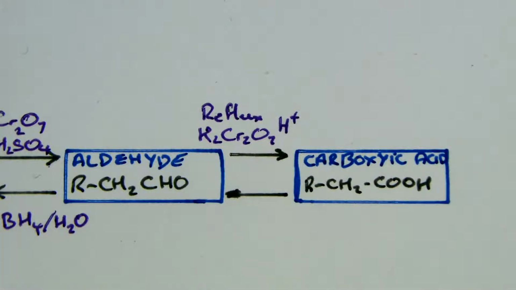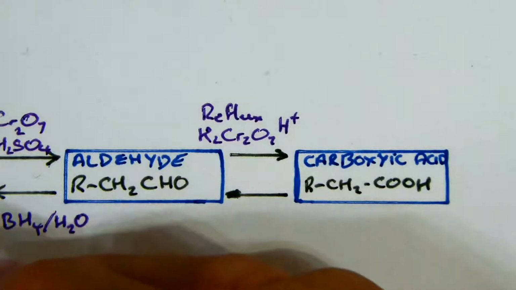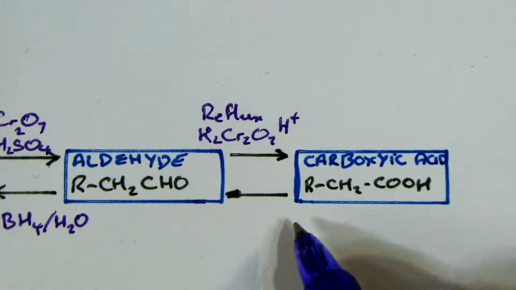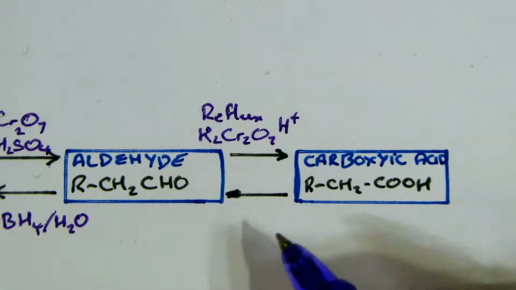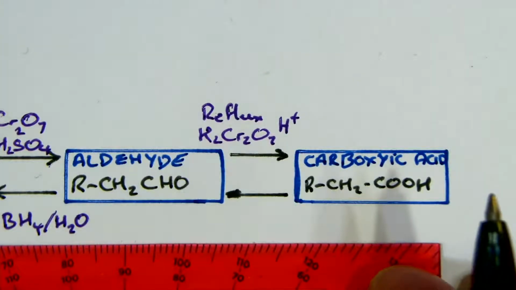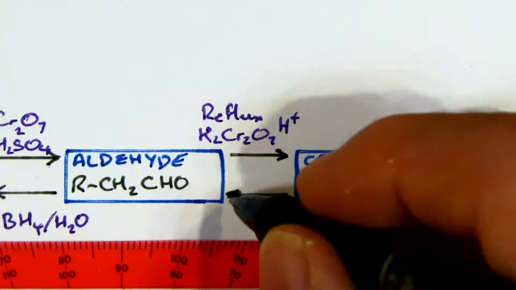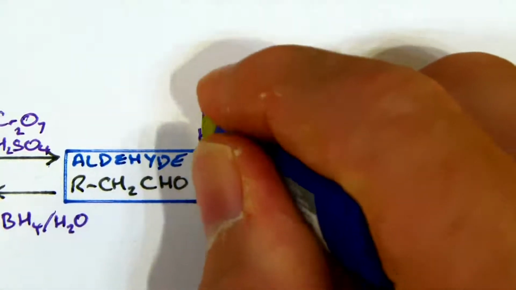If I want to try and reduce my carboxylic acid to something else, then basically I'm going to use sodium borohydride again. This is actually going to go all the way. So in this case, we're going to have a little problem: that route's not going to work because it's going to go far further than that.